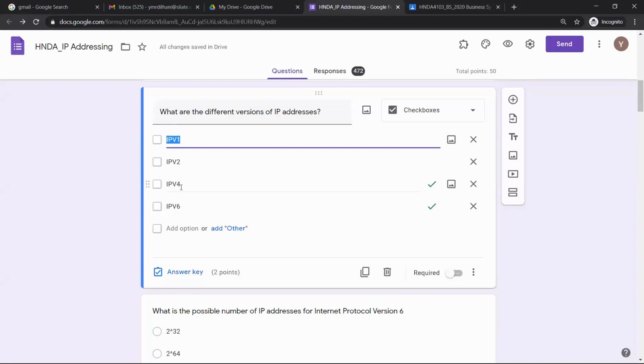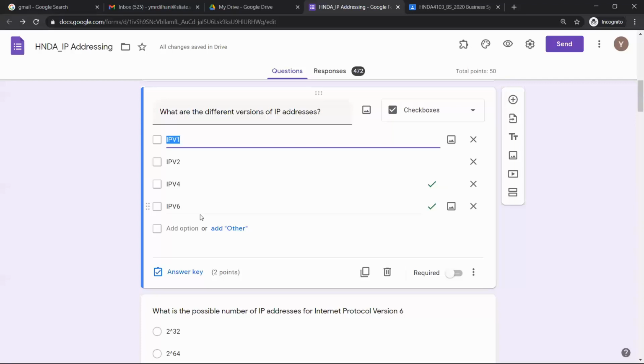IPv4 contains 32-bit values. I think you know about binary numbers and decimal numbers. For example, if you want to convert the number 10 to binary, you divide it by 2 again and again until you receive a 1-0 pattern. When you have a 1-0 pattern, we say it is a binary number, and the usual pattern that we use is the decimal pattern.